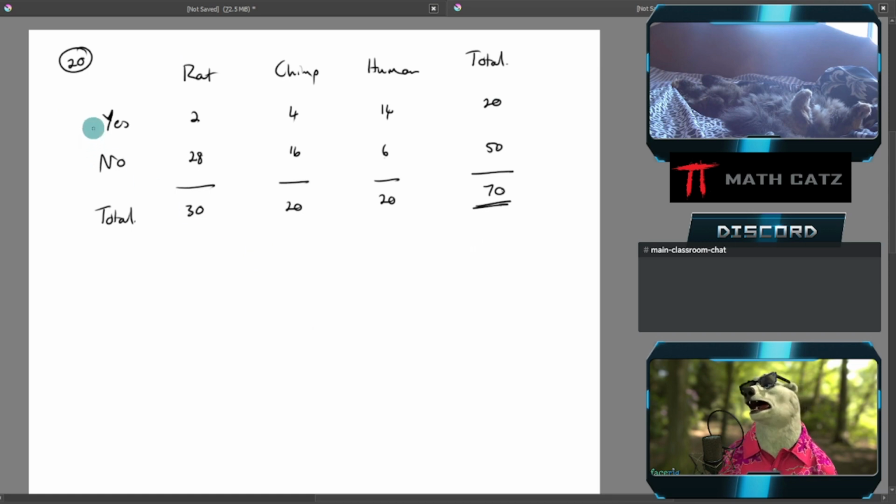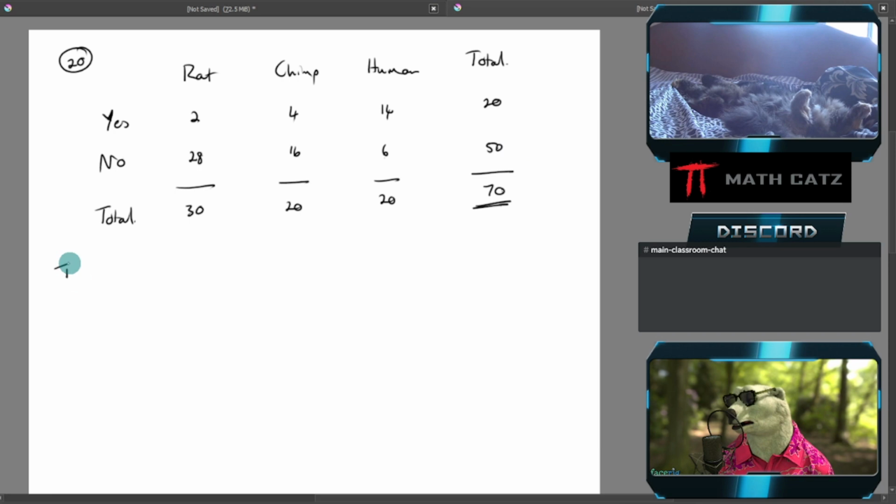So now I look at the yes row and the no row. Overall, if I merge all of these, there were 20 out of the 70 that were yes, they were able to learn the task, and 50 out of the 70 said no, they were not able to learn the task. So those are the percentages that I'm looking for.